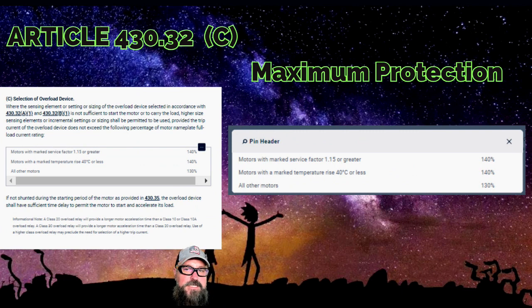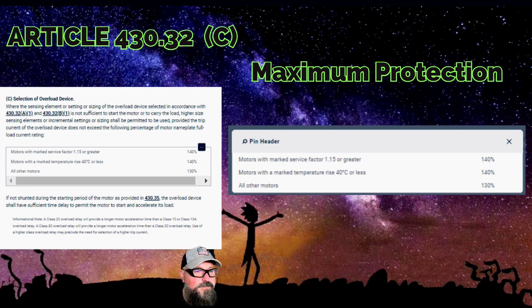So for maximum protection, you generally won't see this too much, but just for the sake of the exam, I'll give these to you as well. Basically, where the sensing element setting or sizing of the overload device selected in accordance with 430.32(A)(1) and 430.32(B)(1) is not sufficient to start the motor or to carry the load, higher size sensing elements or incremental settings or sizing shall be permitted to be used, provided the trip current of the overload device does not exceed the following percentage of motor nameplate full load current value.